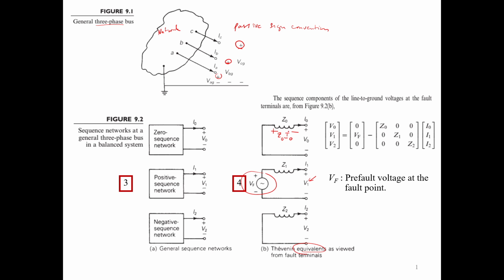From this network itself, the V0 here is in the opposite direction to this voltage drop, so V0 would be negative of I0 times Z0. That's why when you write this equation, V0 is negative Z0 times I0.